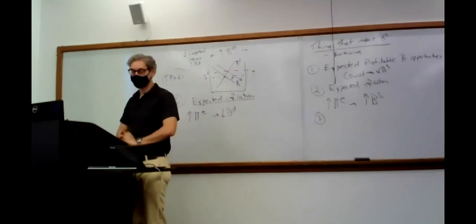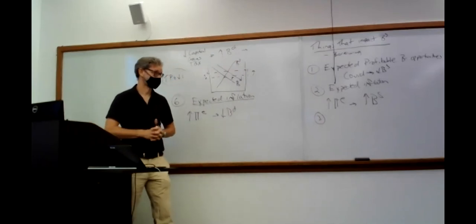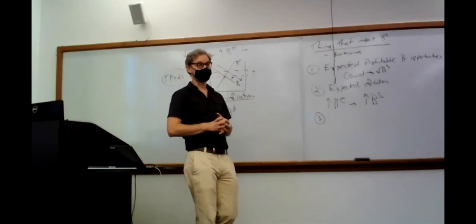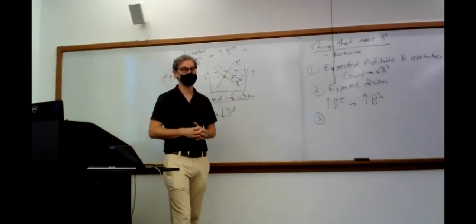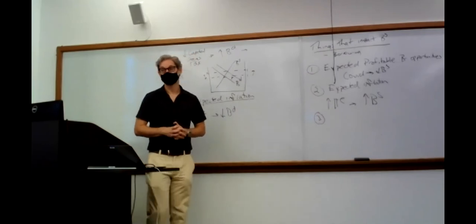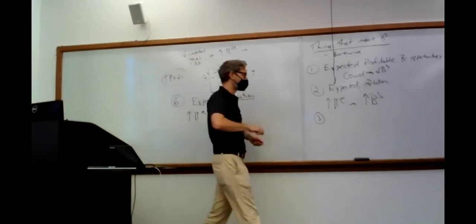We've been talking about borrowers as if it's the public and sometimes firms, but actually who's the biggest borrower in the US economy? The government, right? And so government borrowing.